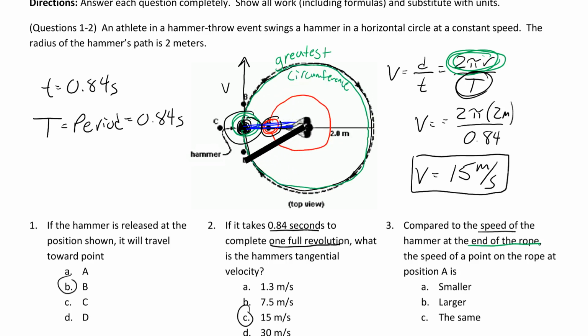Point A is moving slower than the outside of the circle here. So when it says compared to the speed of the hammer at the end of the rope, the speed of a point on the rope at position A is smaller. It's going slower.